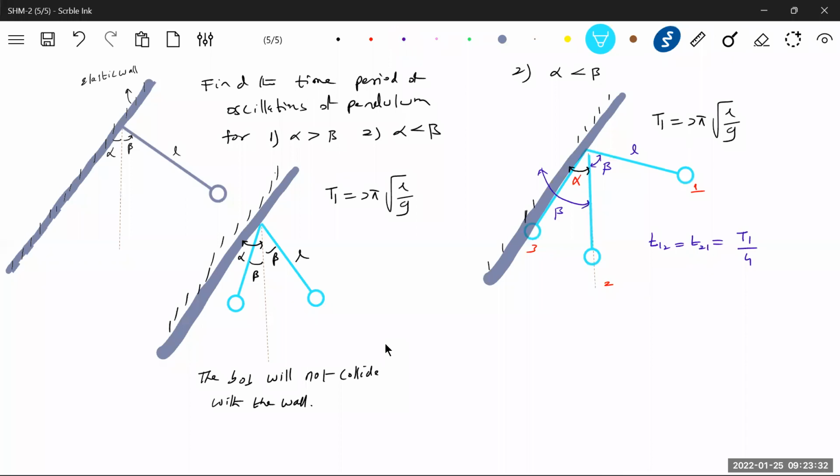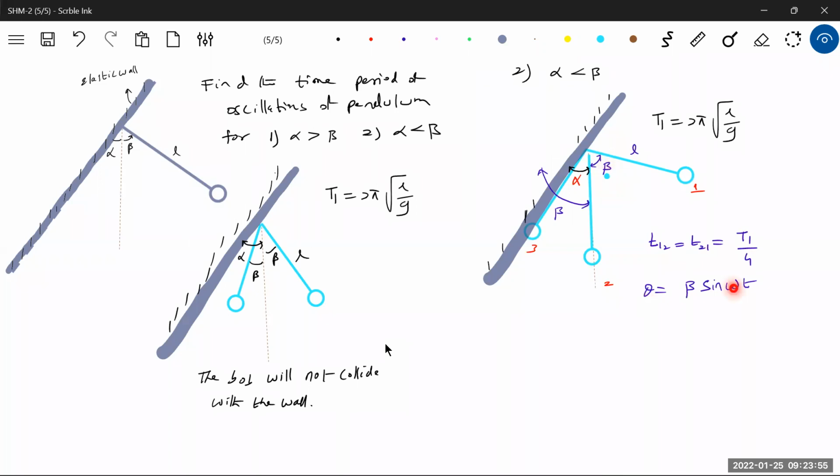What is the amplitude of oscillation of this bob? It will be beta, no? So then we'll take this equation, theta equal to beta sine omega t. Time taken for the angular displacement to become alpha.